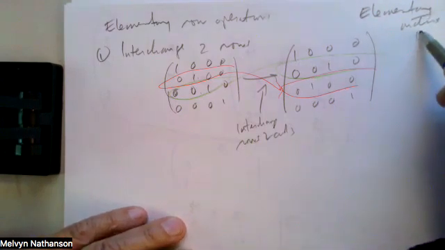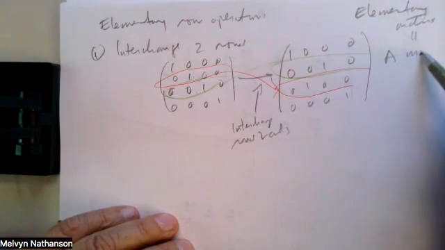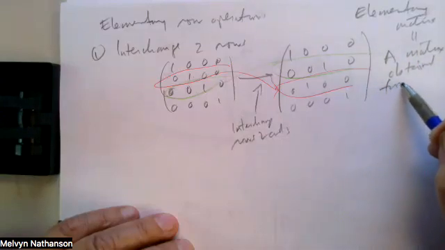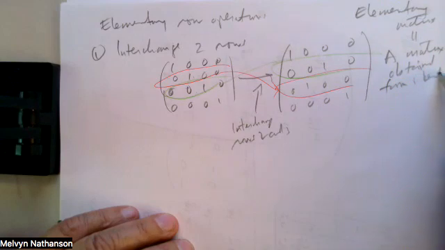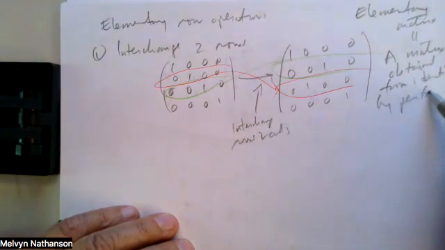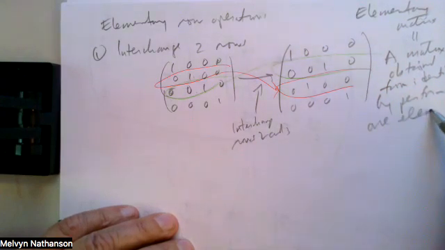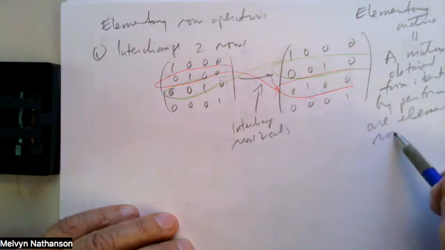So an elementary matrix, what is this? This is a matrix obtained from the identity matrix by performing one elementary row operation.